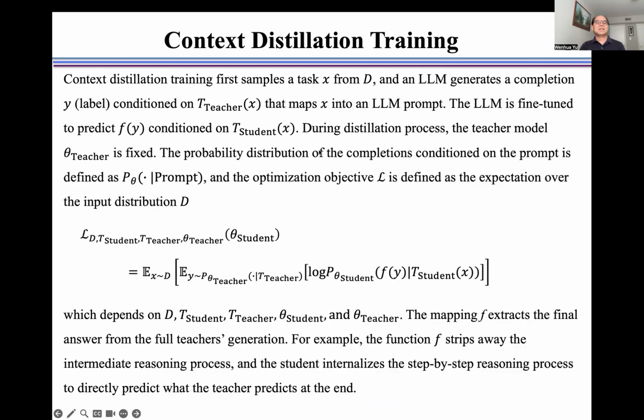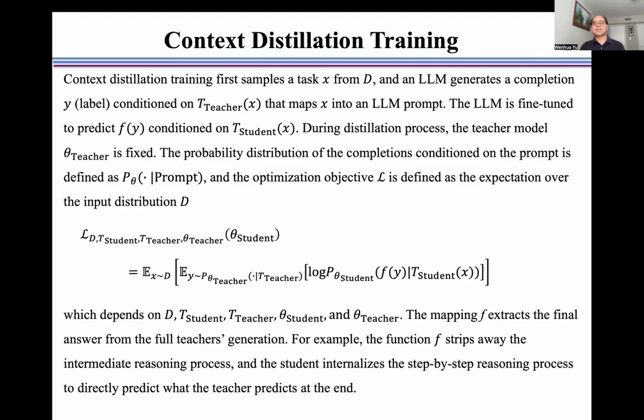Context distillation training samples a task input X from D, and the large language model generates a completion Y conditioned on T teacher X that maps X into a large language model prompt. The large language model is fine-tuned to predict F conditioned on T student X.